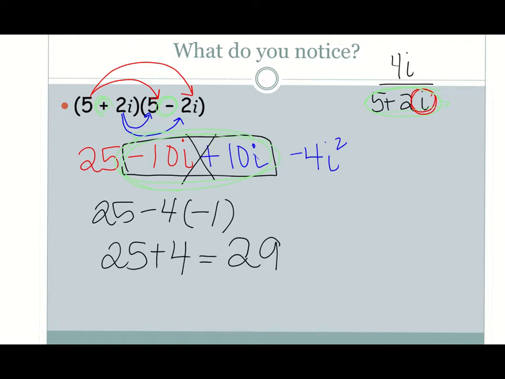So in this case, I would end up having to multiply by 5 minus 2i and 5 minus 2i in the numerator and the denominator to keep the problem the same and to get rid of my i's in the denominator. So we're going to go through and we're going to work with simplifying with division.